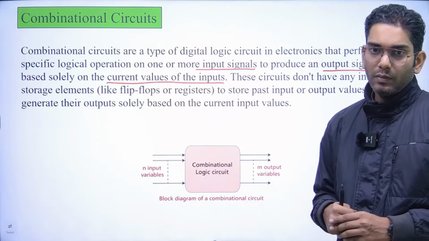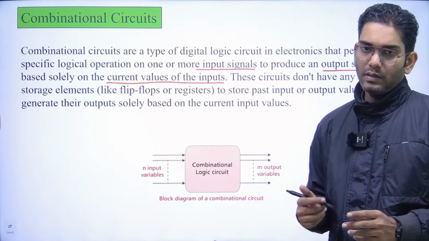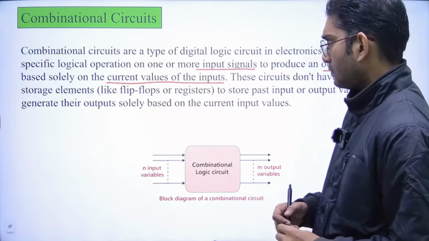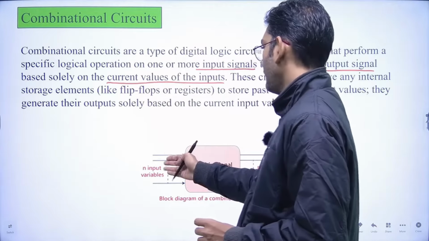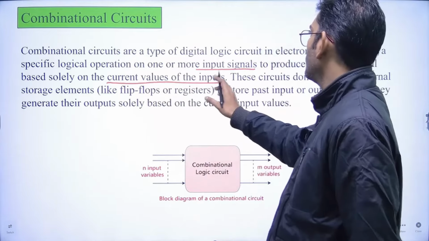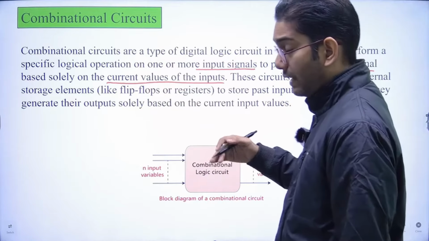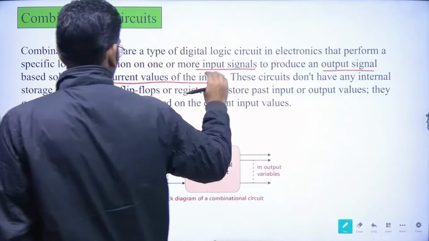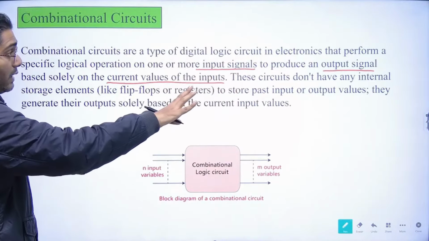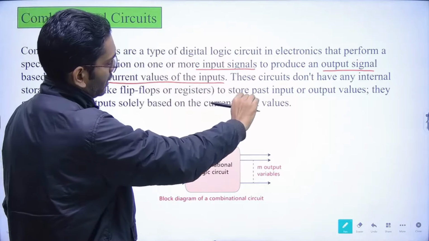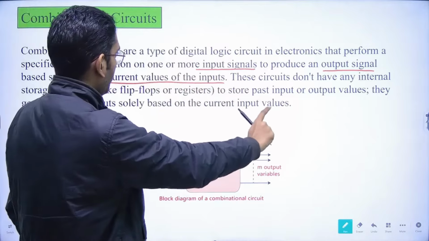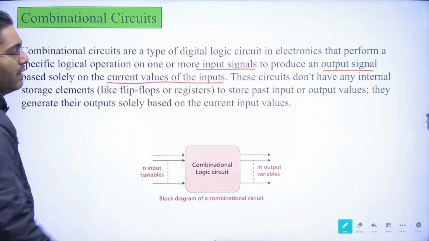Based upon the input signals that are being applied, it produces a particular output signal. And these output signals that we are getting in the combinational circuits are solely dependent on the current values of the inputs.